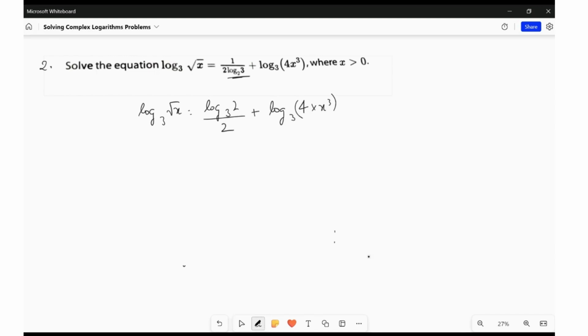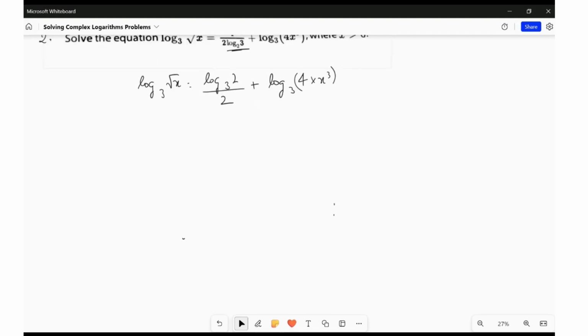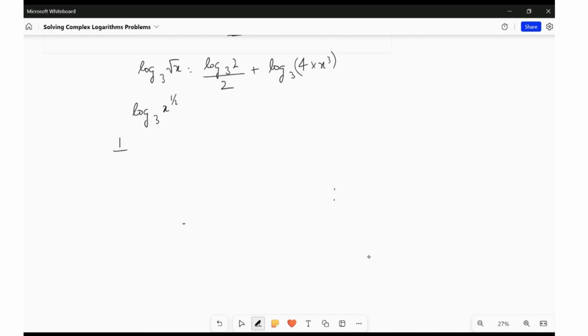Now for simplification of this log, in which 4x cube is given, we can write this as log x 1 by 2 base 3. Now on the LHS, let's simplify it first. So it is half log x base 3 is equal to log 2 base 3 by 2 plus log 4 base 3 plus log x cube base 3.